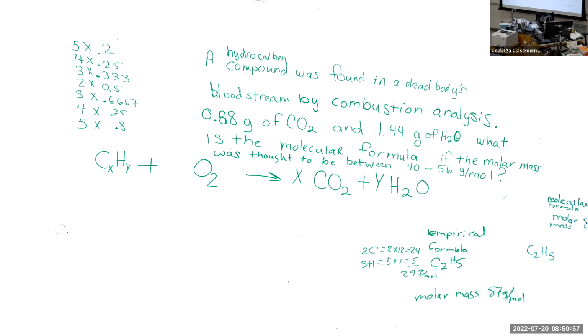So then if I have 87 divided by 29, that's going to give me the ratio of the molecular formula to the empirical formula. What is 87 divided by 29? Okay, so then I multiply my empirical formula by 3.